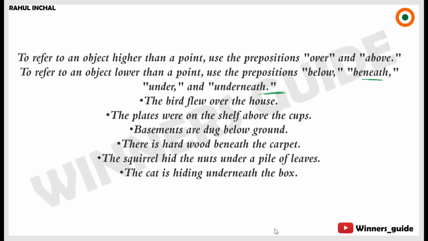Even if you're not perfect at English, using such beautiful words enhances your sentences. So from now on, use beneath instead of below, and use underneath instead of under.